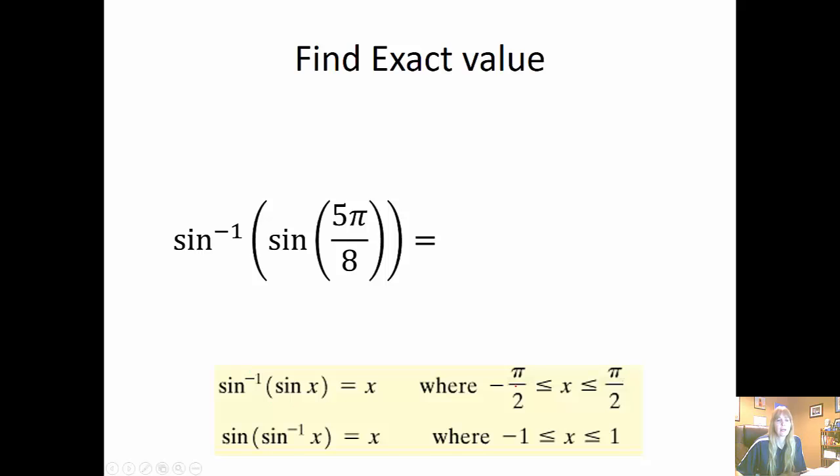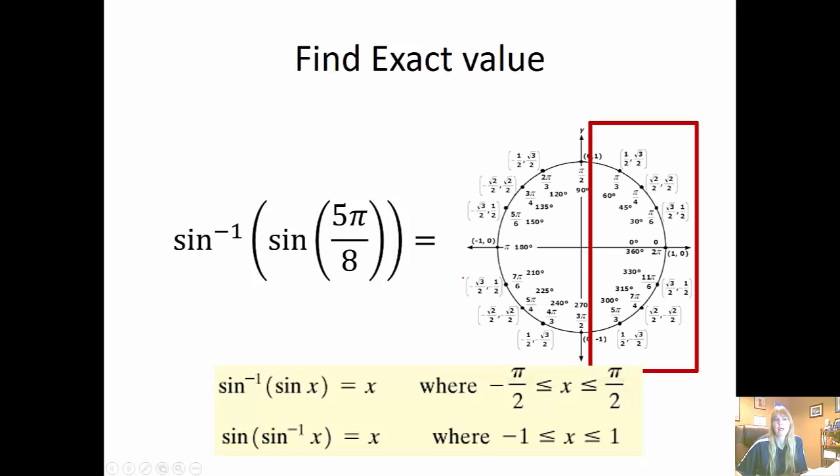So I look at this one and I'm keeping this here on the bottom so you can see which interval my domain needs to be in. And I say, well, where is 5 pi over 8? Is it in this interval, negative pi over 2 to pi over 2? I don't know. Well, I always look at pi, because pi is something easy to match the denominator.